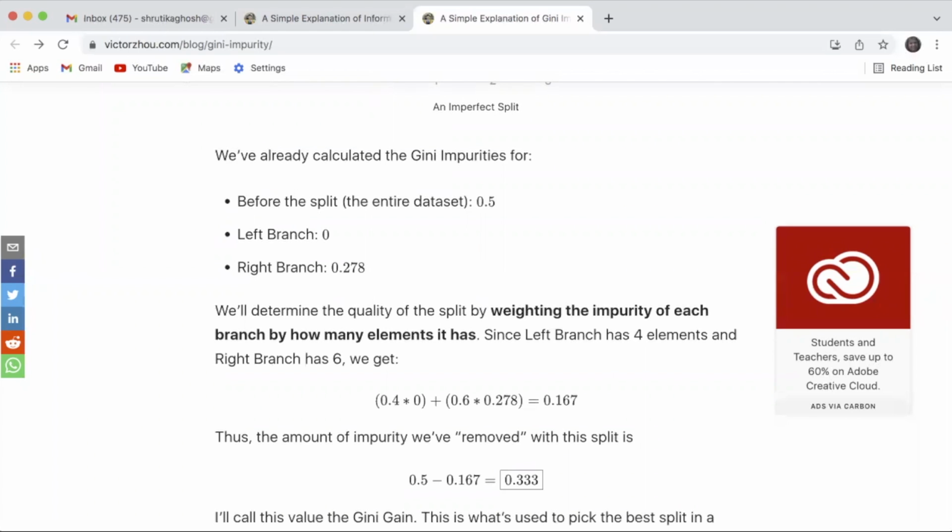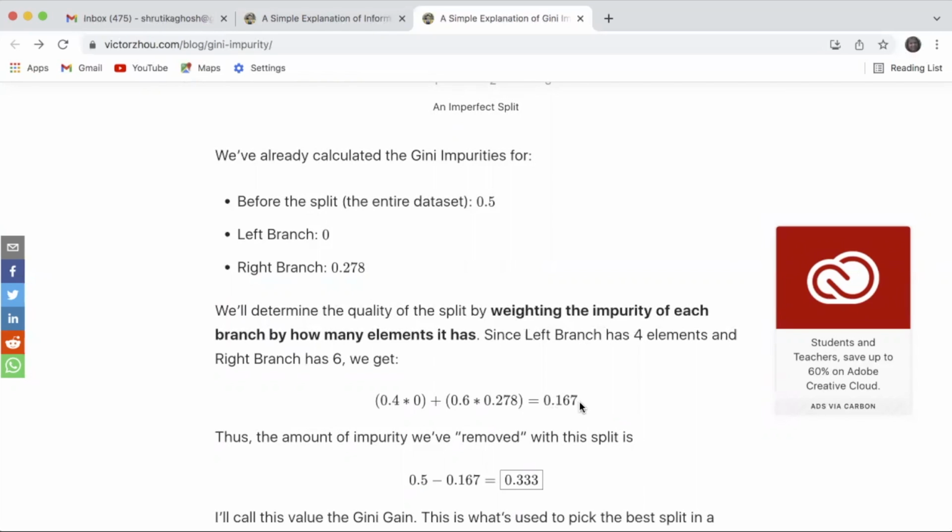Next, what they have done is multiply these Gini impurities with the number of observations, or the number of balls, in the data set. So in the left branch, the Gini impurity is 0, so 0.4 into 0, plus in the right branch, there are a total of 6 balls, so 0.6 into 0.278. Finally, we got a Gini impurity of 0.167.